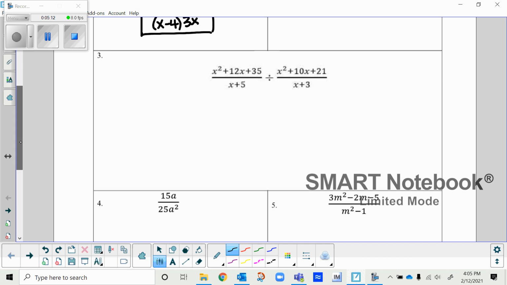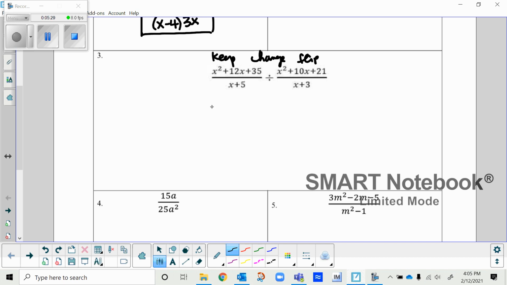Okay, number 3 is dividing rational expressions. Remember, we want to multiply by the reciprocal, so we keep the first one the same, change the division to multiplication, and flip the second fraction.